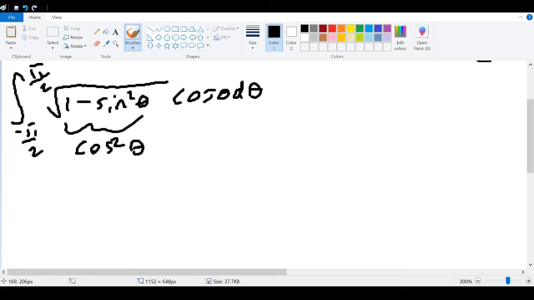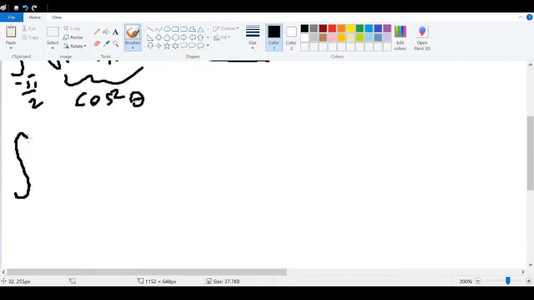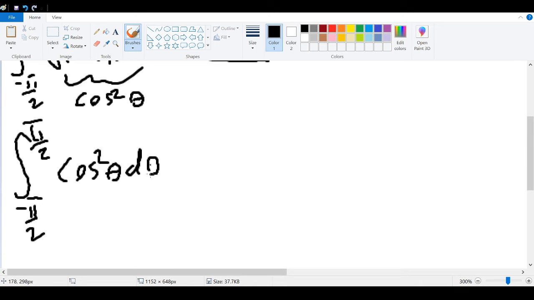And so now we have the integral of the square root of cosine squared theta, and that just becomes cosine theta. And then we have to add on this cosine theta d theta, so you have cosine theta times cosine theta d theta, or if we rewrite our integral, we can combine all of that to become the integral from negative pi over 2 to pi over 2 of cosine squared theta d theta.